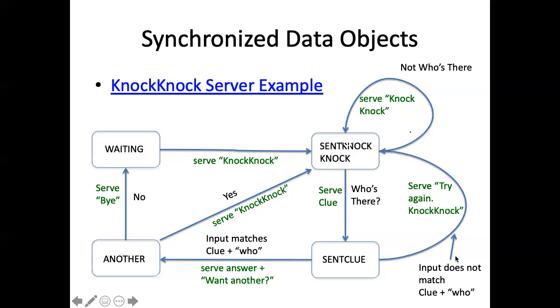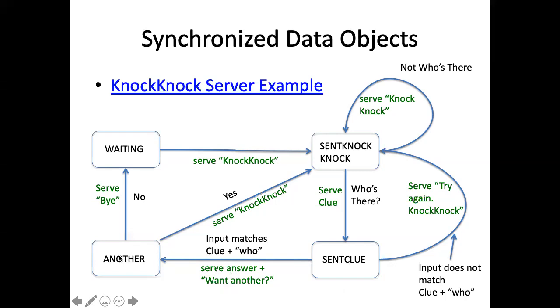Now the client is supposed to type the clue plus the word who. If the client does not do that, we come back to the sent knock knock state and reissue the clue. Otherwise, if we got the proper match, then we send our answer and the question want another.